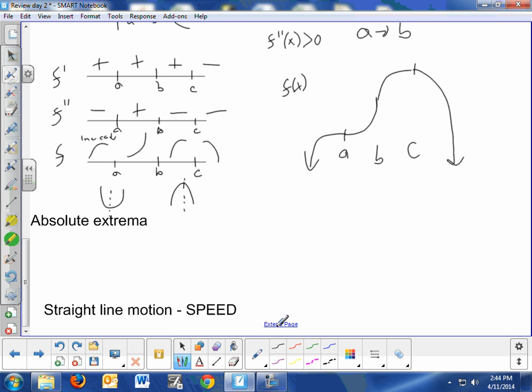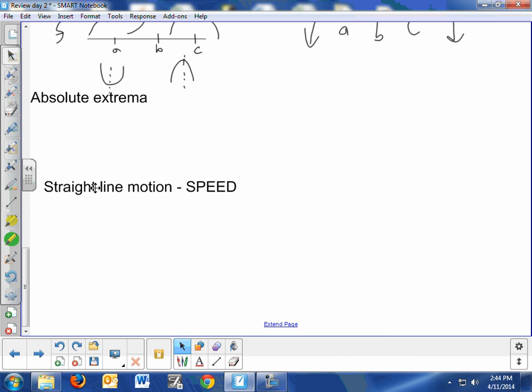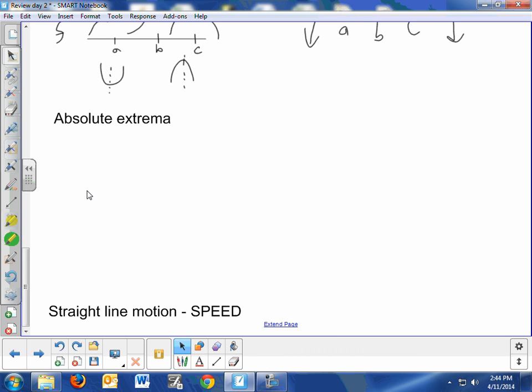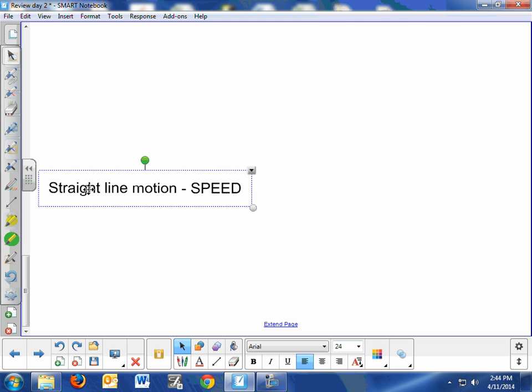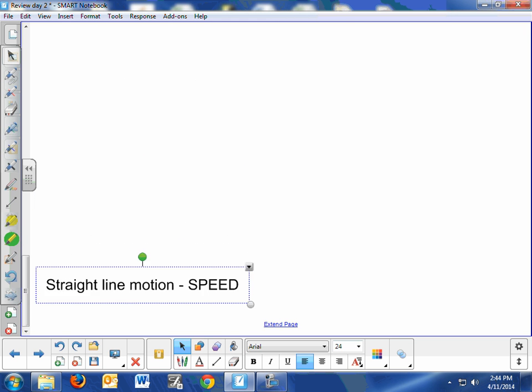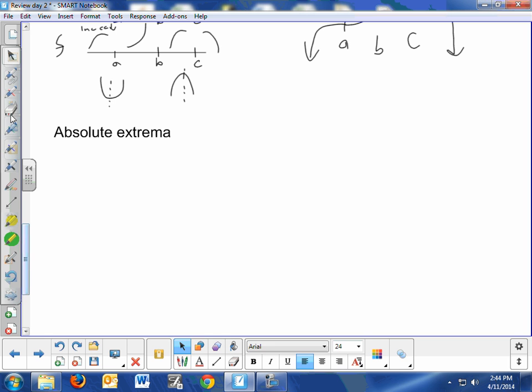Now, you might be asked, where are the absolute extrema? In this situation, you would be given endpoints or a closed interval. You must be given a closed interval.